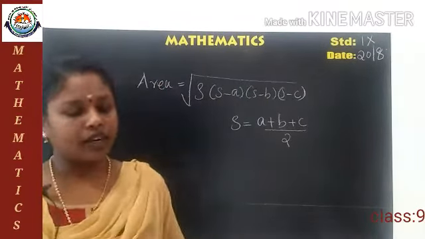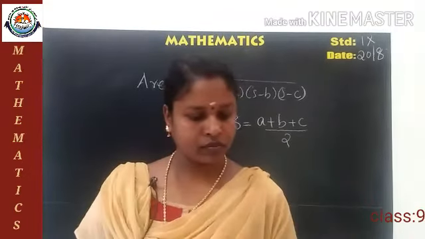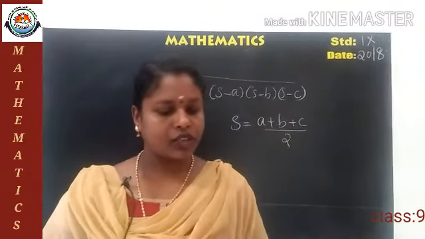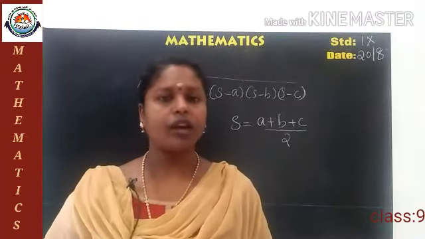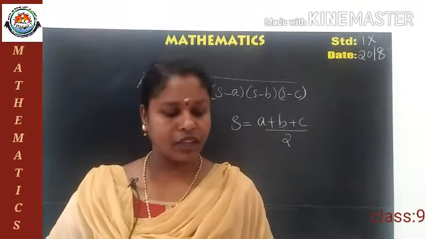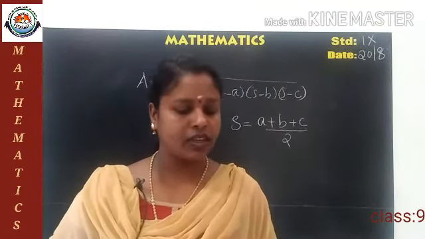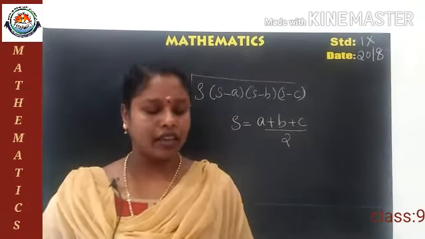And today we are discussing some more questions. First question. The sides of a triangular plot are in the ratio 3:5:7 and its perimeter is 300 meter. Find its area.